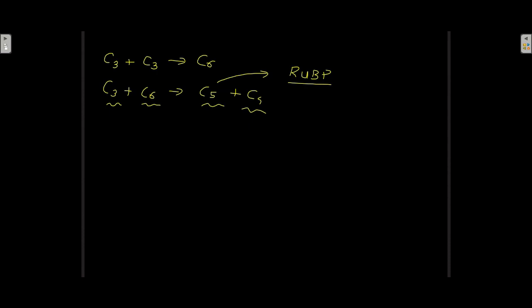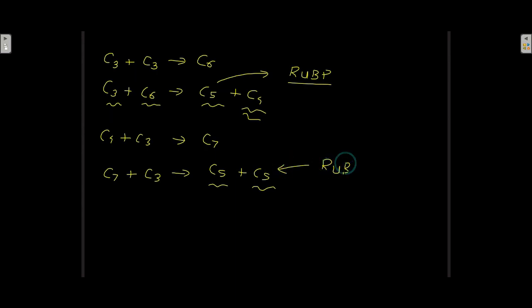Now the C4 from this reaction combines with C3 again, and it gives C7. Okay, and this C7 again combines with a C3 and gives C5 plus C5. So here your RuBP are again getting generated.